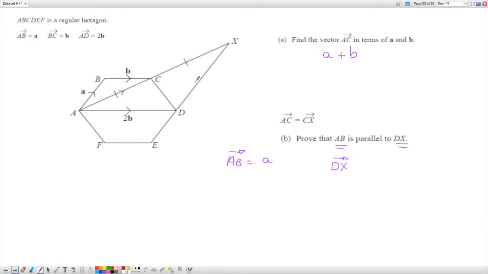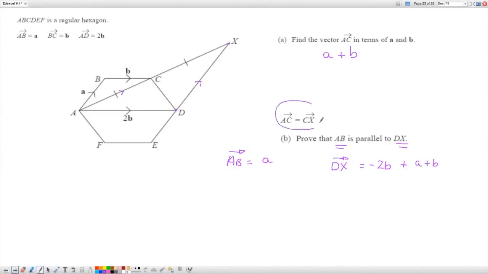DX is this vector from here, D to X. So to get there, we're going to have to go backwards on our 2b, so we'll be subtracting our 2b. Forwards on our AC, we just worked out AC, so plus a plus b.